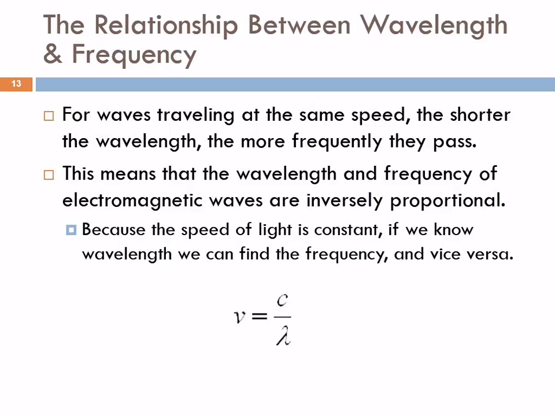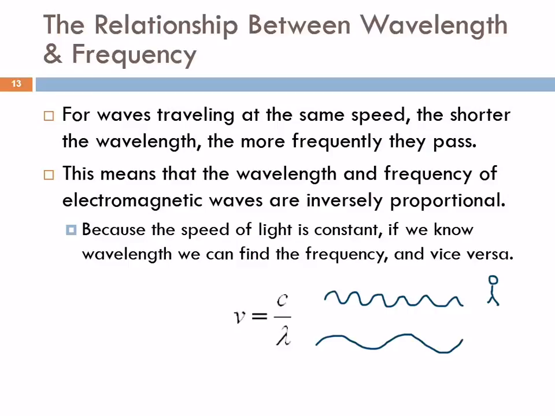Electromagnetic radiation is all traveling at the same speed. So the shorter the wavelength, the more frequently the waves are going to pass you. I have to draw some pictures here. So short wavelength, long wavelength. I'm trying to make the amplitude roughly the same.